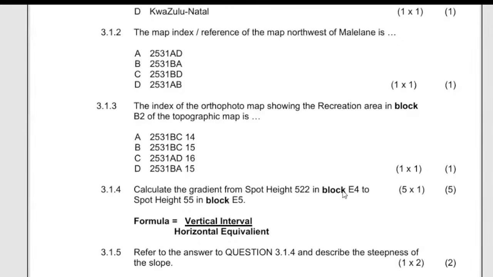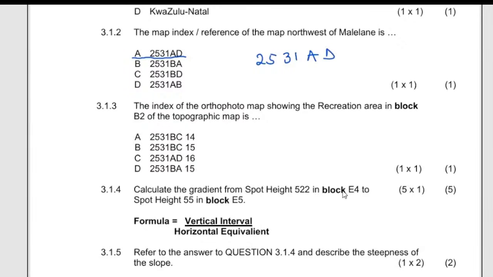in a given direction. So what you must note on the map reference, let me just use A as my example. Since you don't have the map, you must interpret the meaning of the reference 2531 AD. You must be able to interpret the meaning of this so that you are able to do the allocation of the other blocks.